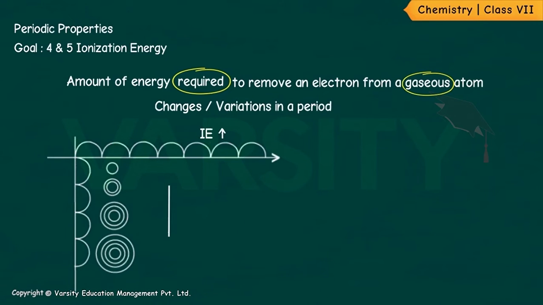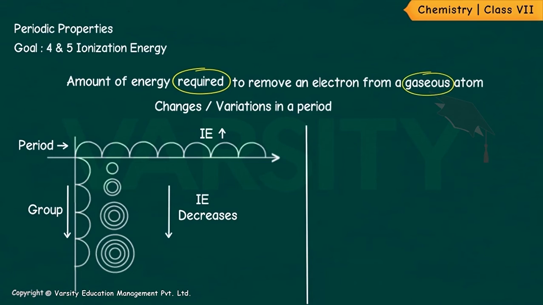Therefore, the attraction between nuclear charge and valence electron weakens or decreases. Hence, here we require a very small amount of energy to remove electrons. So when we move down the group, ionization energy decreases. These are the variations in the period and down the group.